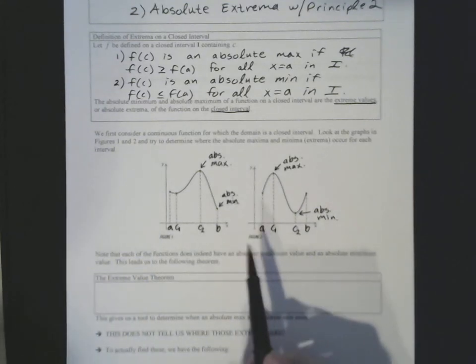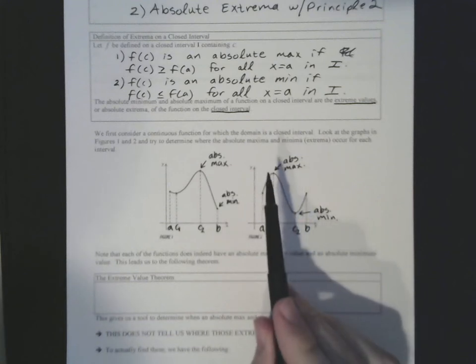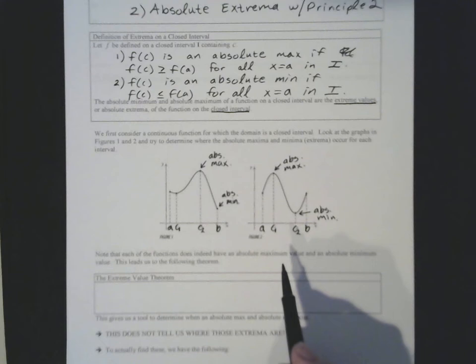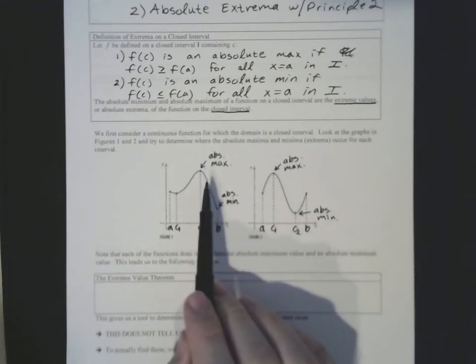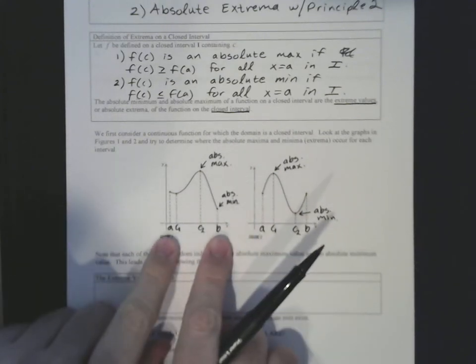So in this case, both of our critical values form our absolute extrema, the max and the min, respectively. So it's important that we look at our critical values first, and then we check our endpoints to make sure we don't miss anything.